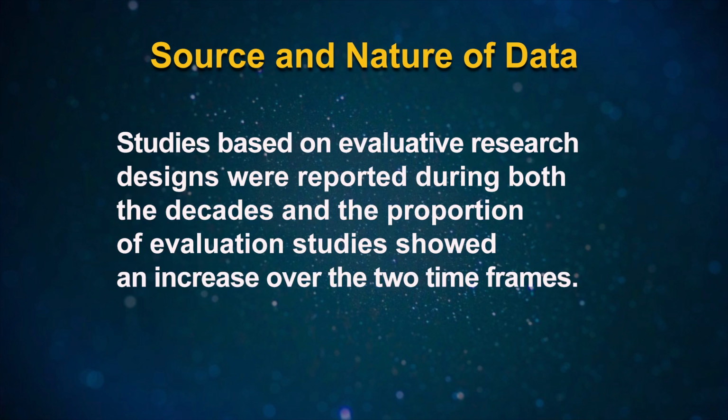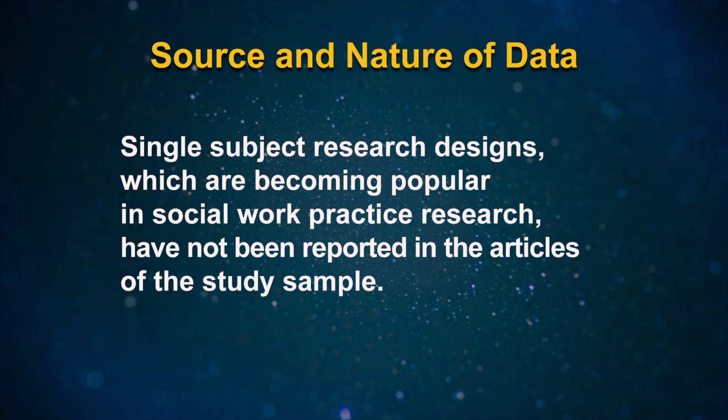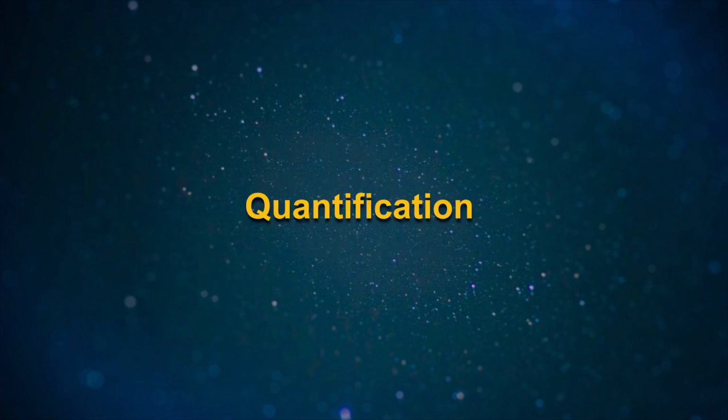Studies based on evaluative research designs were reported during both the decades, and the proportion of evaluation studies showed an increase over the two time frames. However, single subject research designs, which are becoming popular in social work practice research, have not been reported in the articles of the study sample.